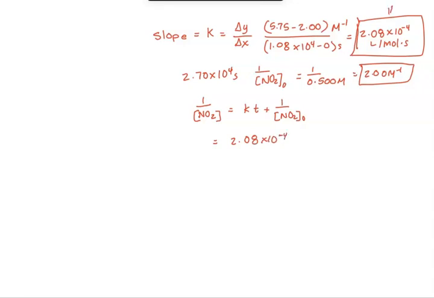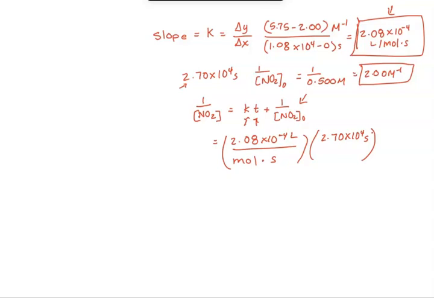This is the value that we just solved, and this is in liters over moles times seconds. And all I'm doing is multiplying it, as you see right here. What is the time that they gave us? This is the time, times 2.7 times 10 to the 4th seconds. Plus 1 over NO2 naught.